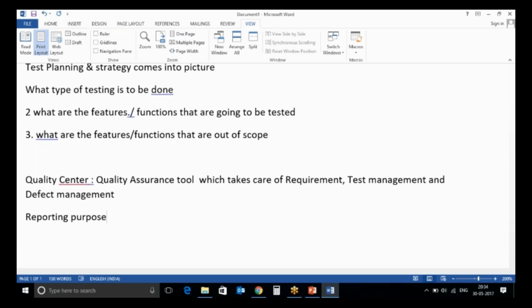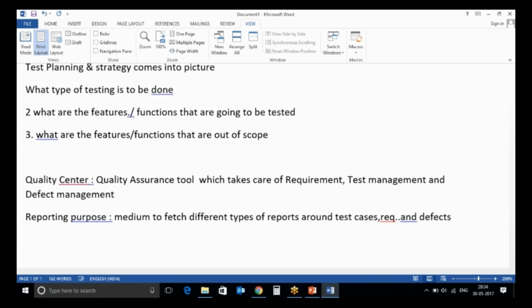I am responsible for reporting whatever is being done by every tester, and that is through Quality Center, because Quality Center gives you a medium to fetch different types of reports around test cases, requirements and defects.